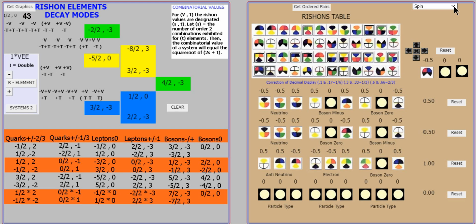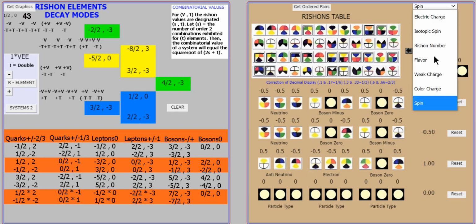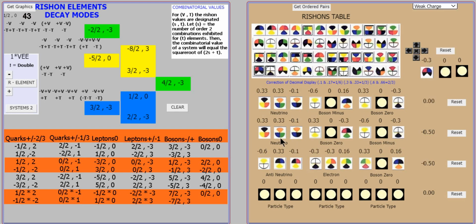Let's look at weak charge. The weak charge on the neutrino, the tau neutrino part, is +1/2, as is indicated by the standard model, and it is 0 on boson 0, which makes it correct for the tau neutrino.